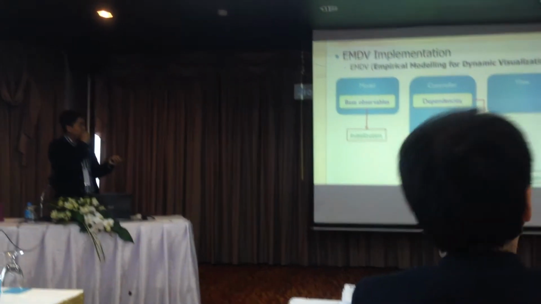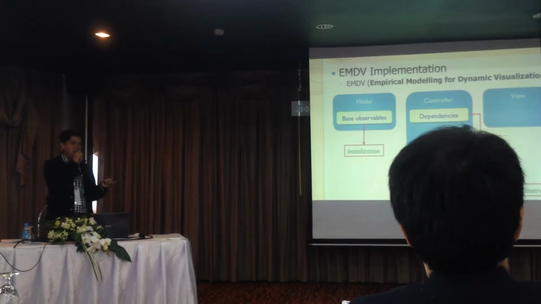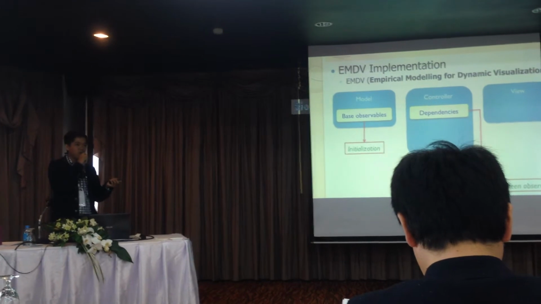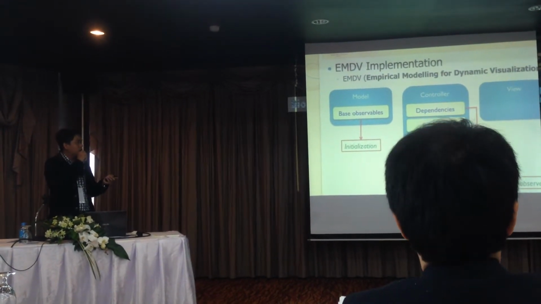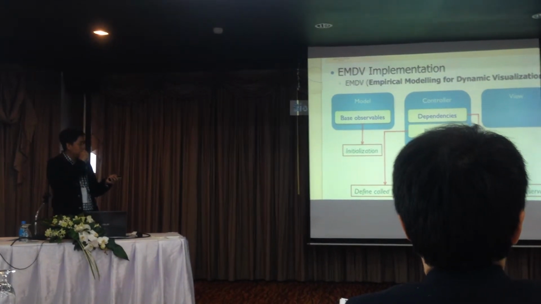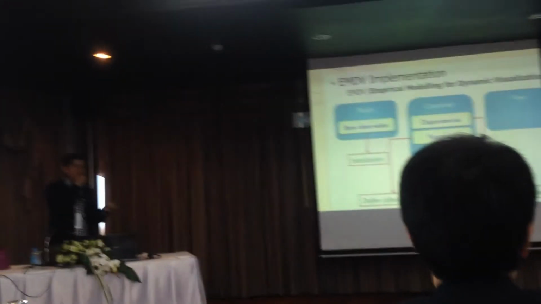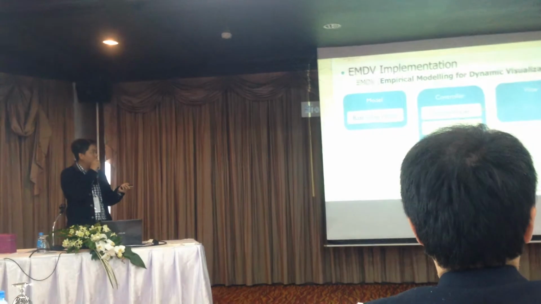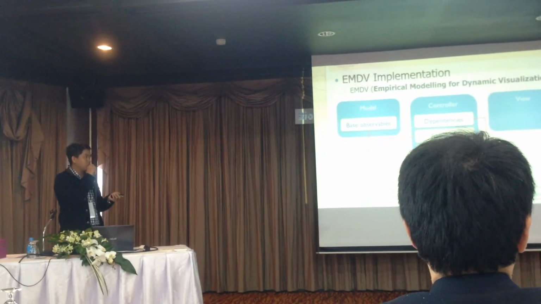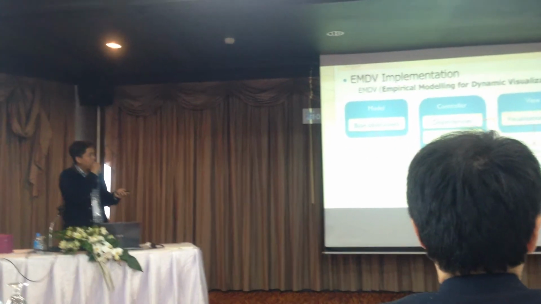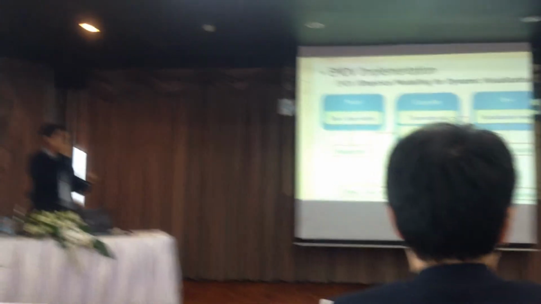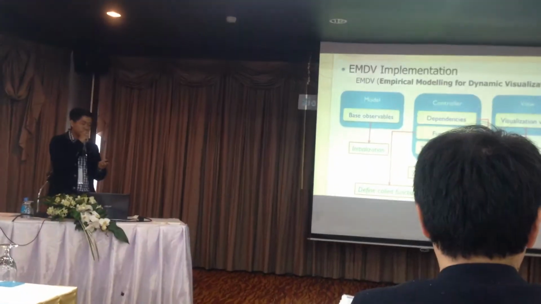And for the controller, we have a dependency file to write the dependencies between the observables all together, and we create a function file to define the call functions that the model will call. And the last one is the trigger procedure, which is the agency procedure. And for the view, we have only 5 visualization views to display all the output outside.